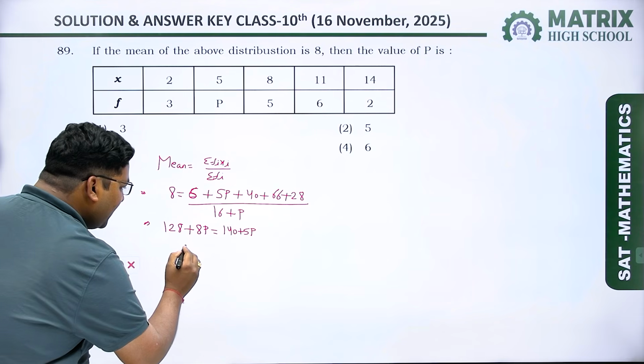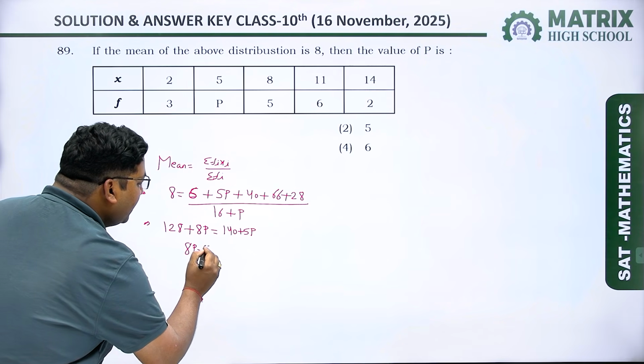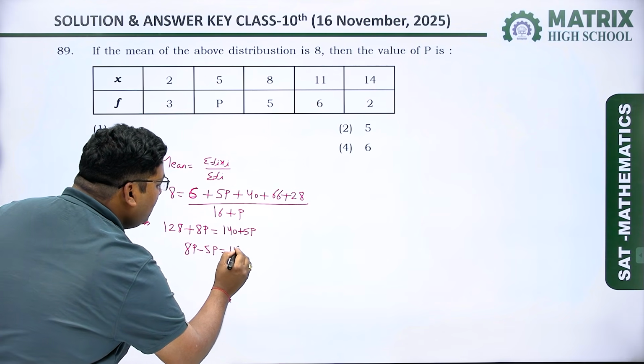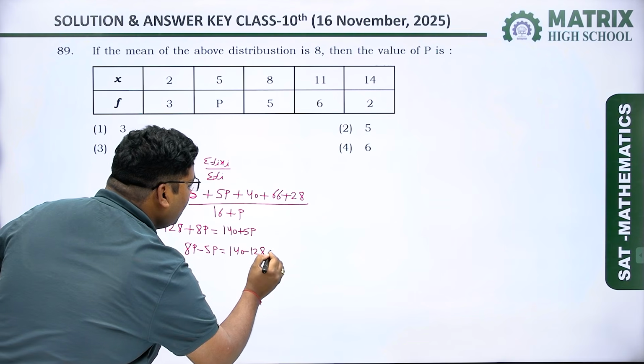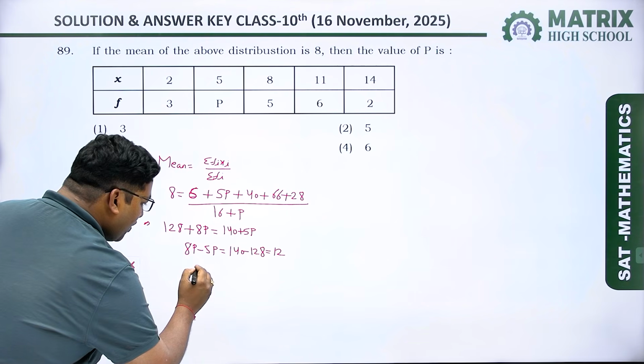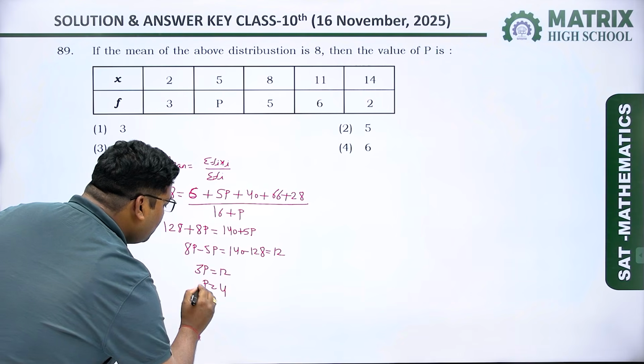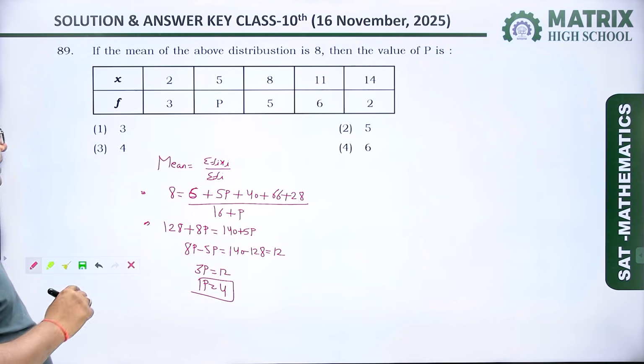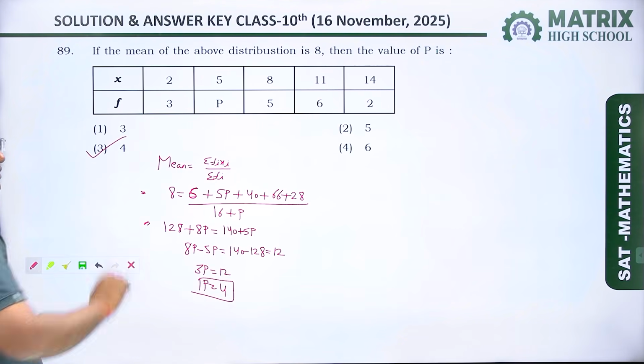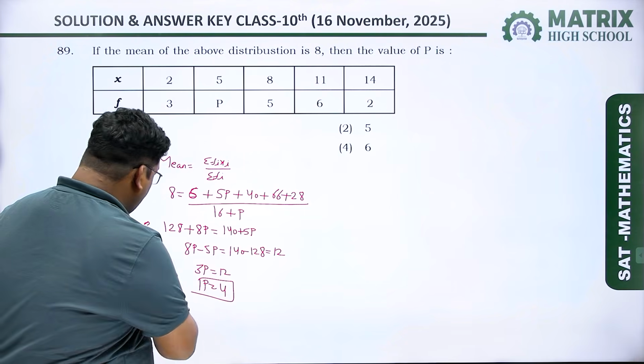So from here we will get 8p minus 5p is equal to 140 minus 128, which is equal to 12. So 3p equals 12 or p equals 4. So the value of P is 4, which is in option 3. So option 3 is the right answer. Now coming to the next question.